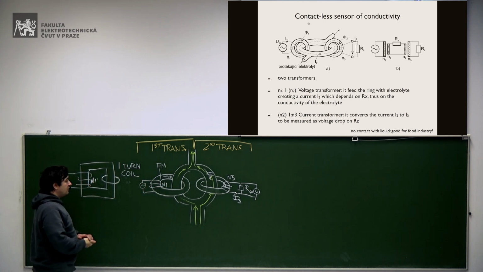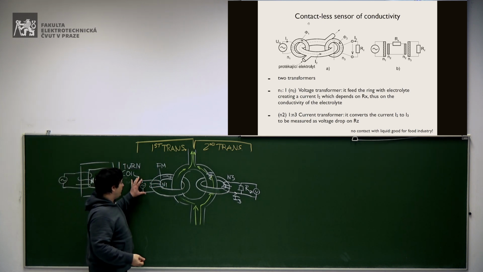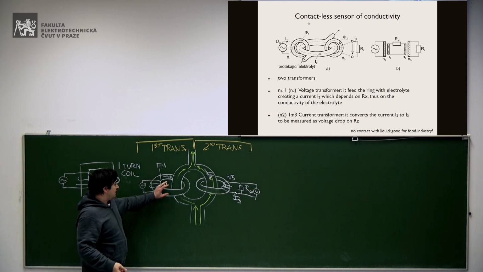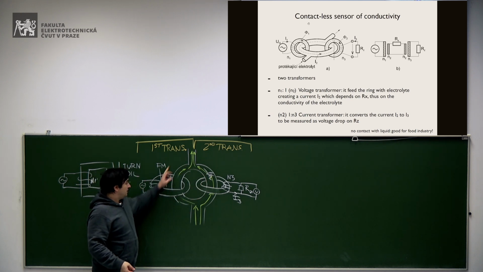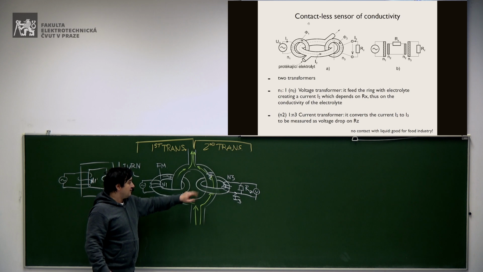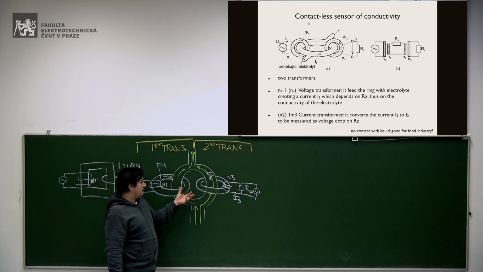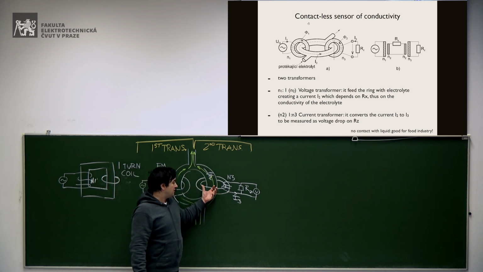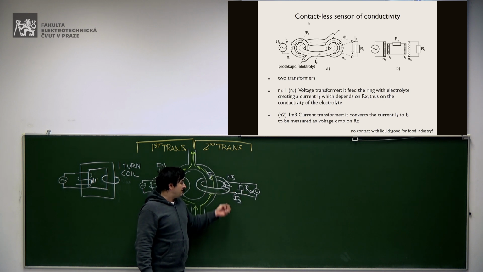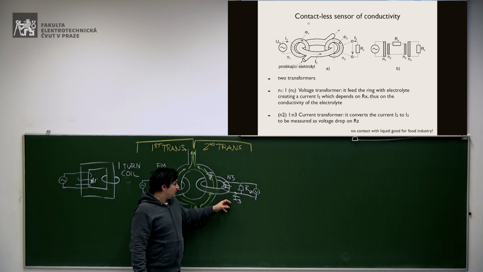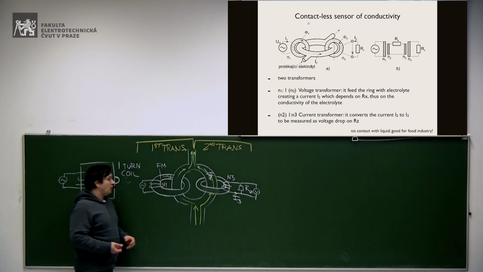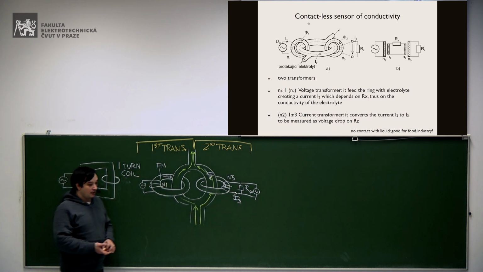So you have first a voltage transformer which converts the voltage and creates in the secondary, in this ring of electrolyte, a current, and then you convert the current in the electrolyte using this current transformer, which gives an output current I3, which is measured as a voltage drop on RZ, okay?